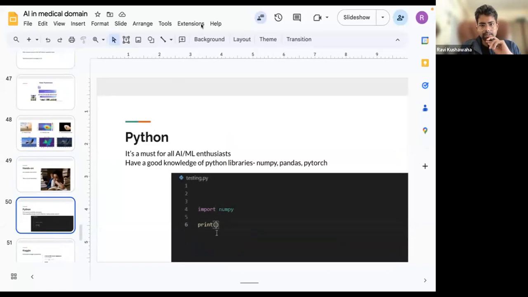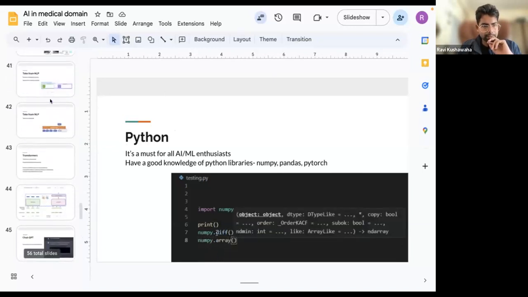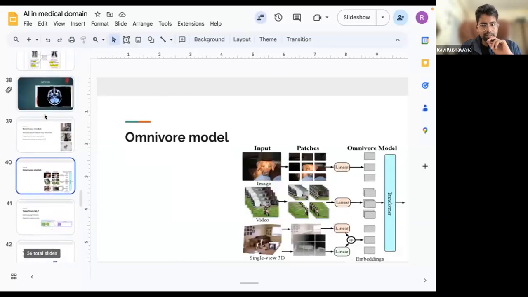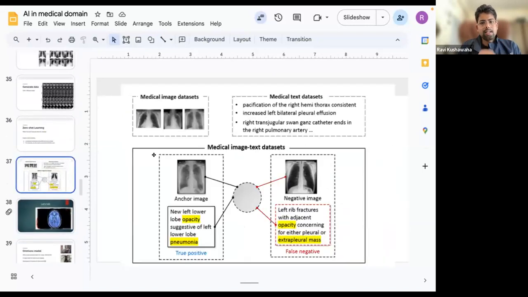There's a message in the chat. Multimodality refers to, in this image, you can see we have a lot of images and a lot of text reports. One modality is the images, another modality is the text report.